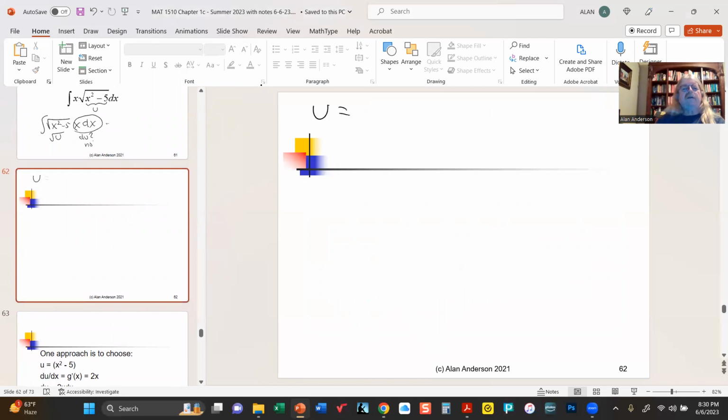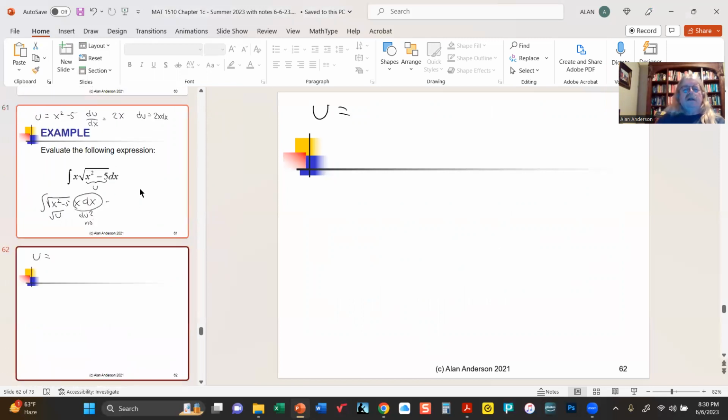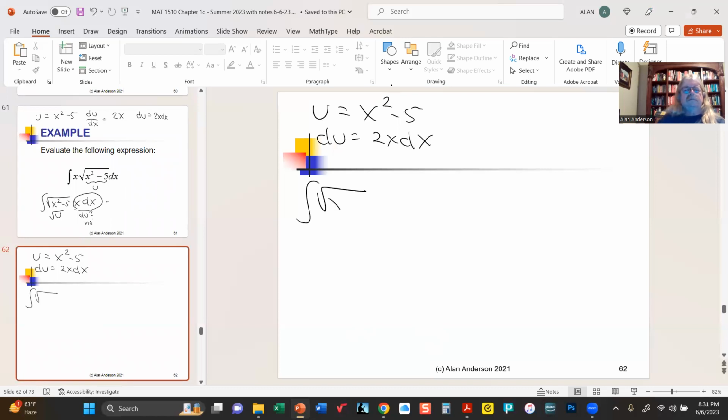So just a quick reminder, we chose u to be x squared minus 5, which implies that du is 2x dx. So we're missing a 2, so watch what we can do.